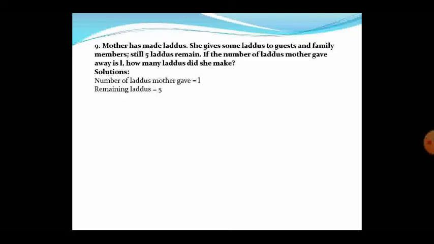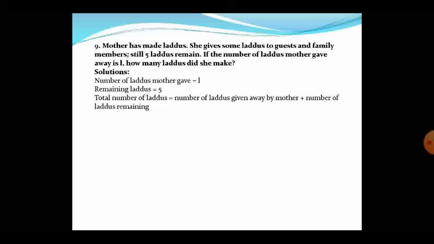See here, number of laddus, you have to take it as L. Remaining laddus is 5. Total number of laddus equals number of laddus mother made, you have to find. Total number of laddus equals number of laddus given away by mother plus number of remaining laddus.